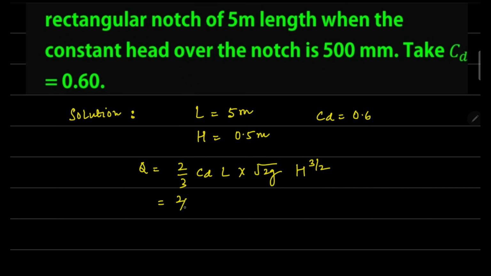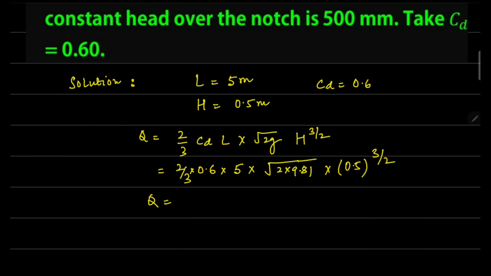So this is 2 by 3, 0.6, multiplied by L is 5, multiplied by under root 2g, that is 9.81, multiplied by H, 0.5, raised to the power 3 by 2. If we solve, the answer comes out to be 3.148 meter cube per second. That is our answer.